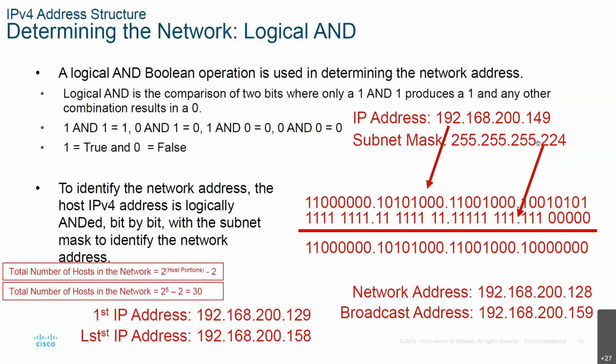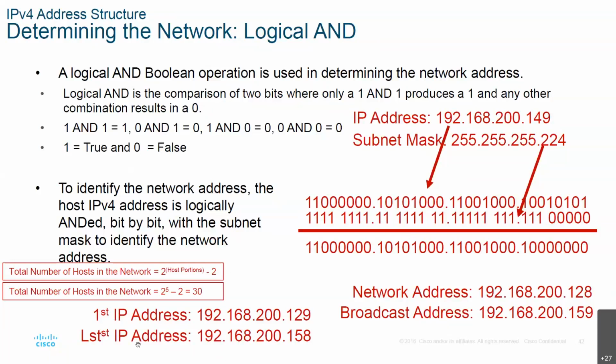Look at the subnet mask. How many bits? 8 plus 8 plus 8, 24, 25, 26, 27. 27 bits are reserved for the network. You cannot touch it. 0, 0, 0, 0, 0: 5 zeros. That means 5 bits are reserved for the host.